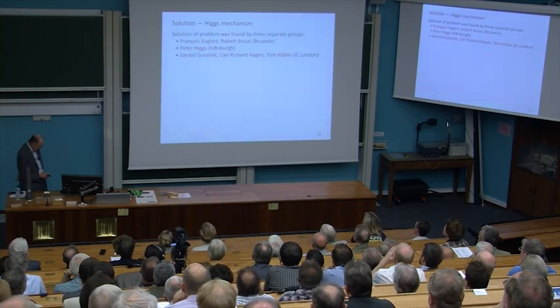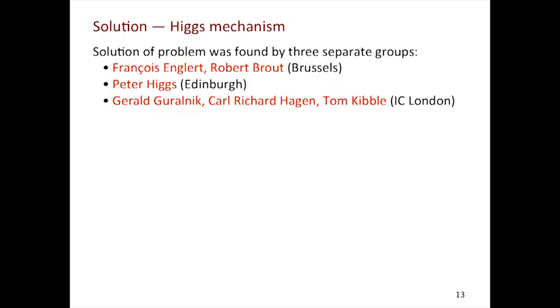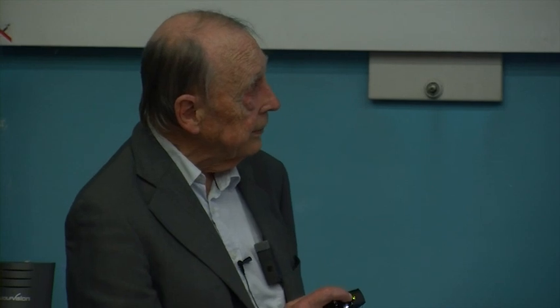There were three groups who independently came to essentially the same conclusion, starting, I may say, from quite different perspectives. Firstly, François Englert and Robert Brout from Brussels, then Peter Higgs from Edinburgh, and then Veronica Higgin and myself here.